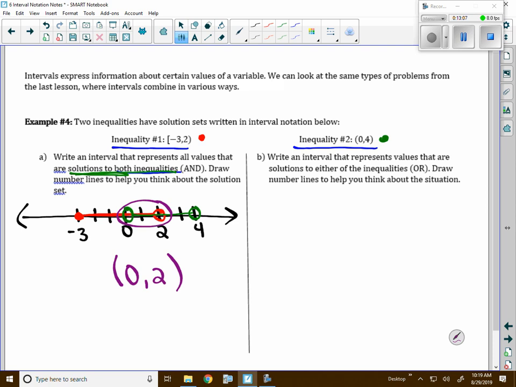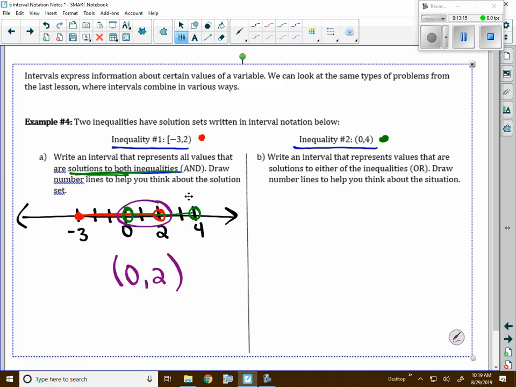Okay, now I'm going to copy and paste my number line to this other section here. So bear with me while I copy and paste.